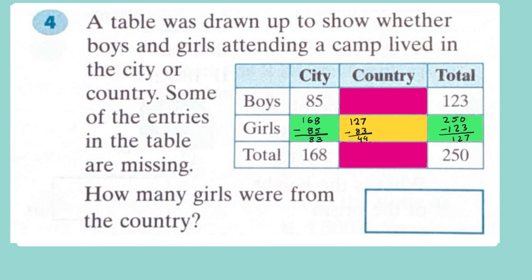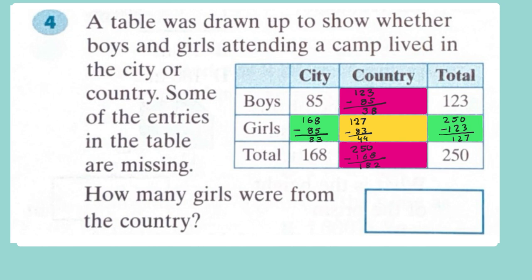Now let's look at the red cells. 123 take away 85 will give me 38, and 250 take away 168 will give me 82.